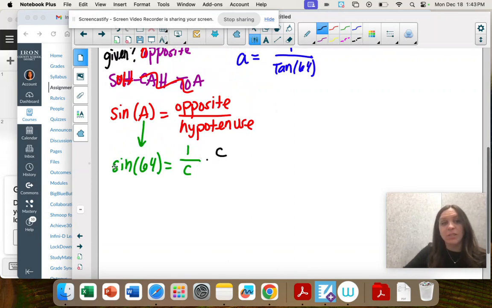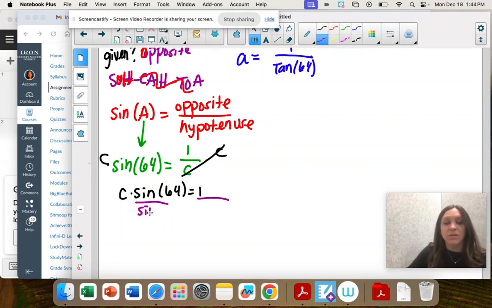So I'm going to times both sides by c. I have c times sine of 64 equals 1. Divide both sides by sine of 64. So c is 1 divided by sine of 64.